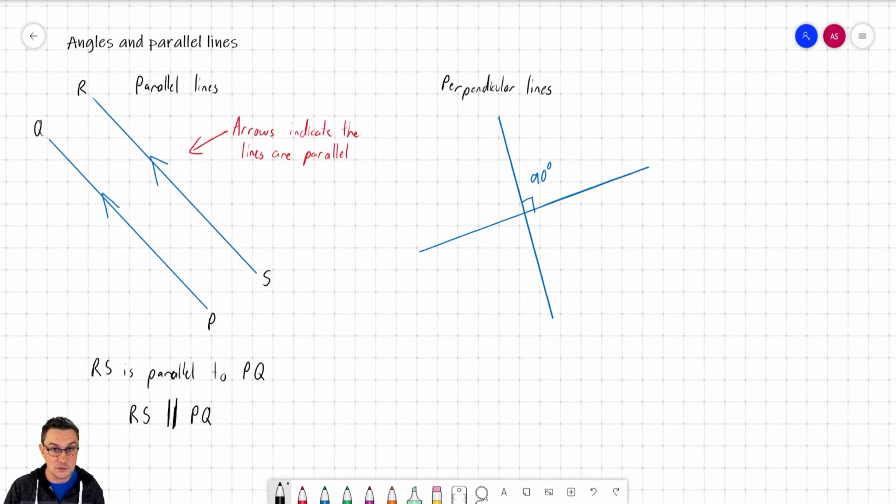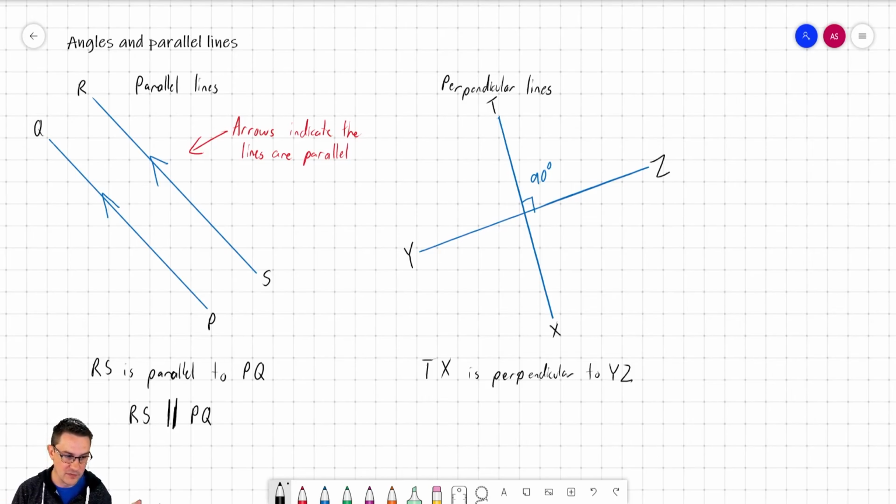If I was to put some letters on this, let's use T, X, Y, and Z. Based on this, I've labeled each of these lines here. We can make a statement, just like we do with the parallel lines. We could say that TX is perpendicular to YZ, but instead of writing is perpendicular to, I want to have a way of shrinking this down.